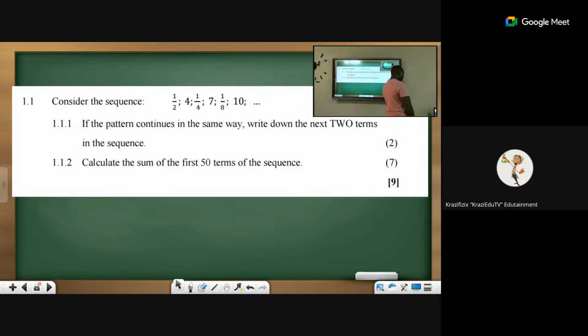I'm interested in your answer. The next two terms. What do you observe? Any observation?